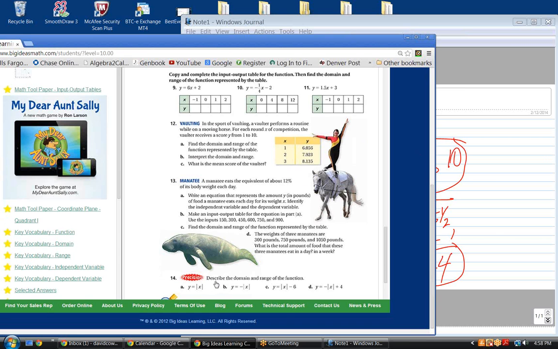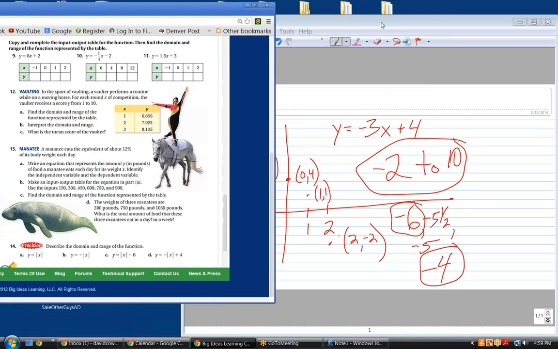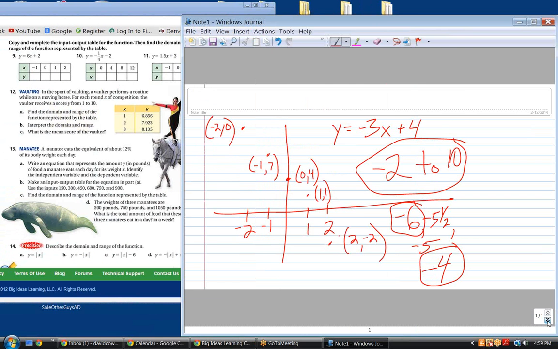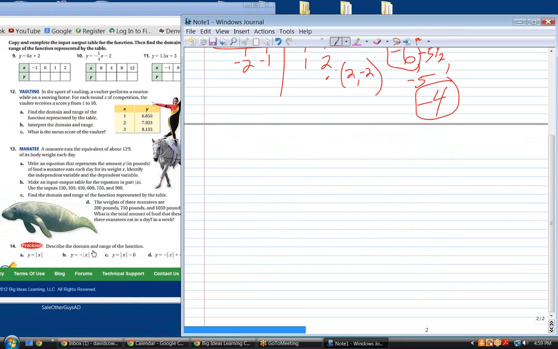Okay, now we get some interesting functions down below. These are no longer based on tables. These are based on number 14. Y equals absolute value of x. You've had absolute value, right? Yeah. Okay.